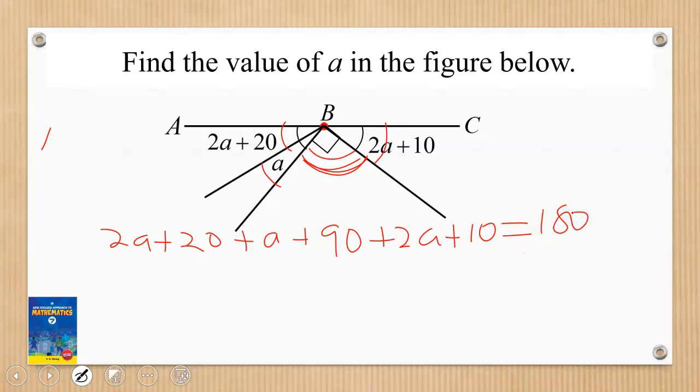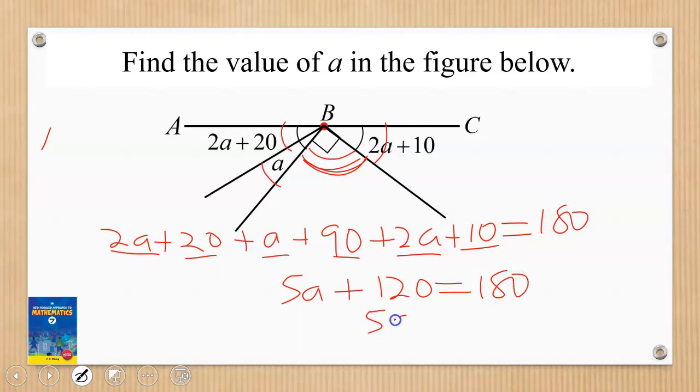Now when we do the simple addition, we have 2A plus A making 3A, plus this making 5A. Then we have 20 plus 90 giving us 110, plus 10, 120. All should give us 180. Now if you simplify this by making 5A the subject, we group like terms, and we have 5A is equal to 60 degrees.